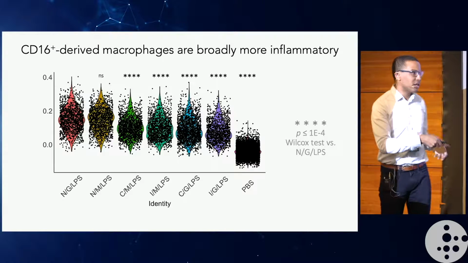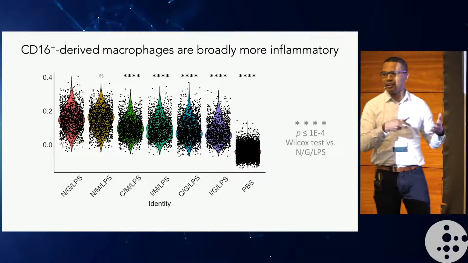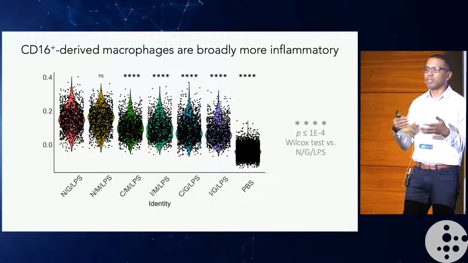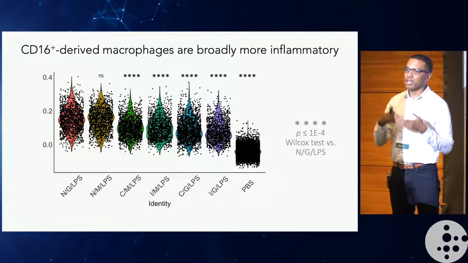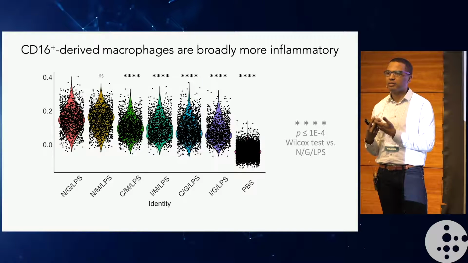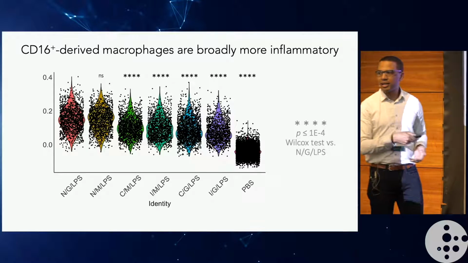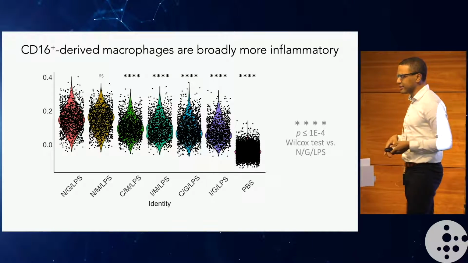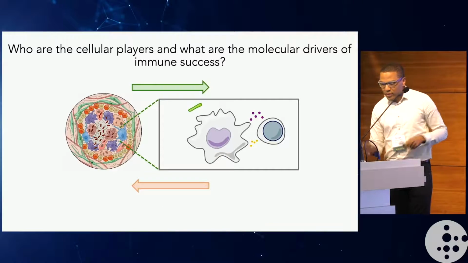And so the question is, what really governs what makes non-classical monocytes incredibly inflammatory? And if you think about what that means for TB disease, one of the axes you really want to think about is both managing inflammation and tissue damage. How could non-classical monocyte-derived macrophages actually be contributing to that axis?